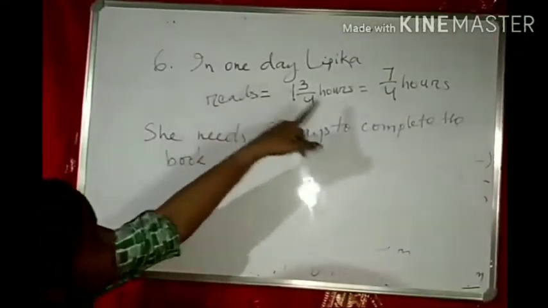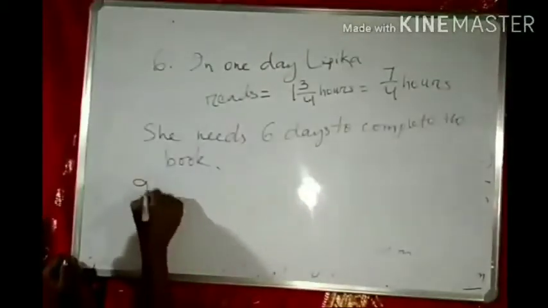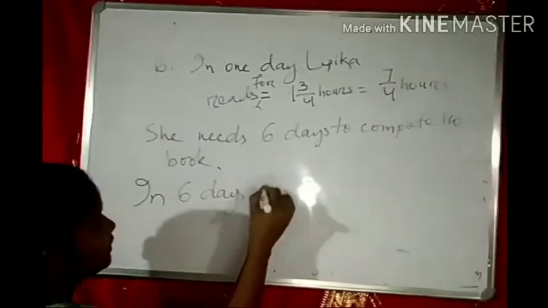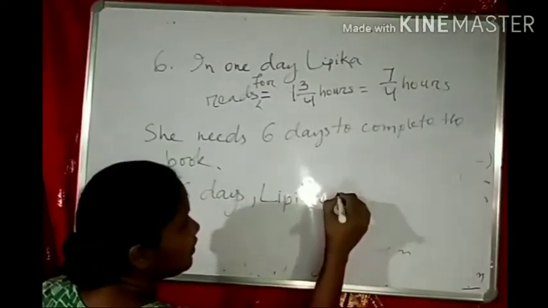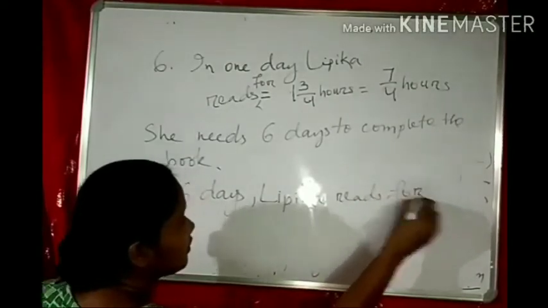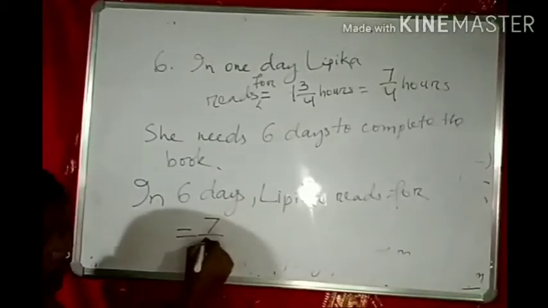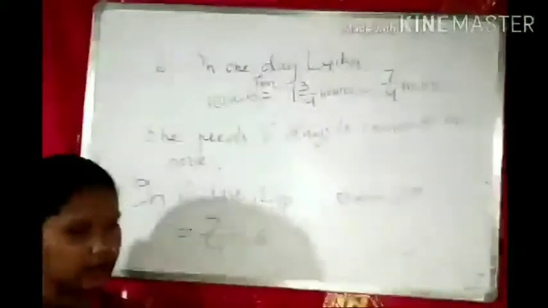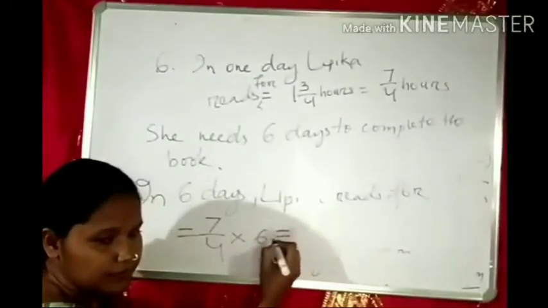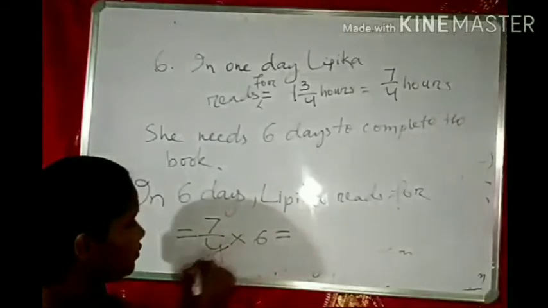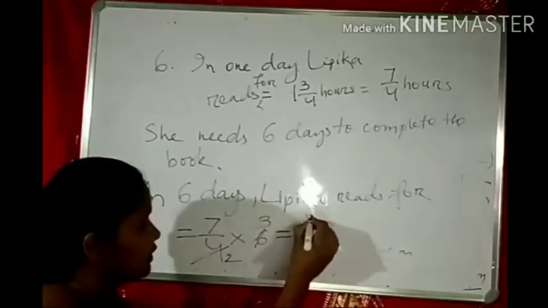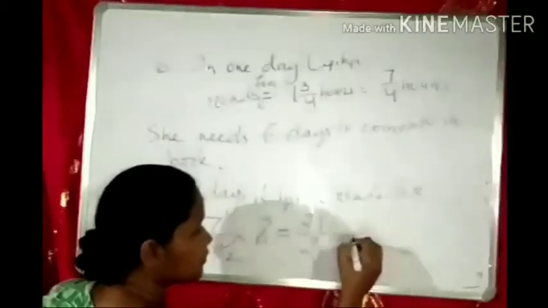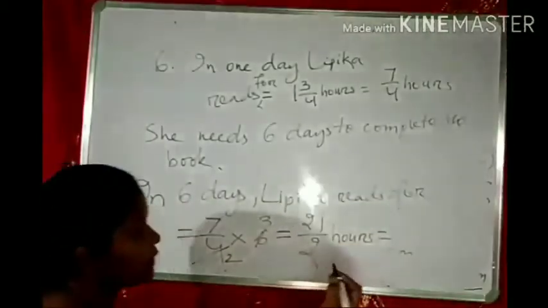In one day she is spending this much time. So in 6 days Lipika reads for 7 by 4 into 6 equal to, now 2 2s are 4, 2 3s are 6, 7 3s are 21 by 2 hours. So 21 by 2 hours. Now this is the answer.